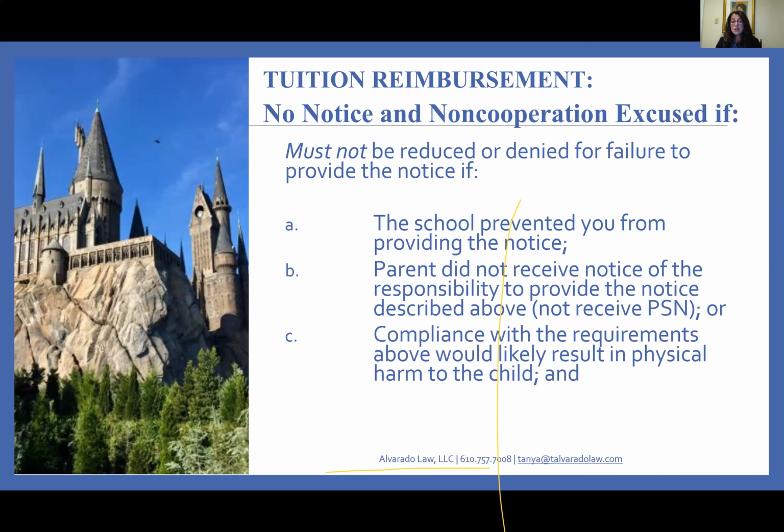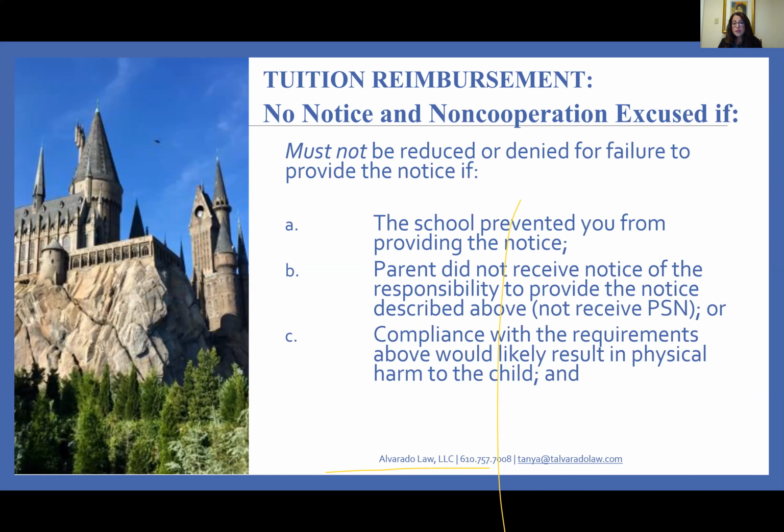The best example I could think of is, some school districts changed emails without notifying anyone, and the old email doesn't tell you that there's a new email, and the parent sends the written notice to the wrong email, and the district says, we never got it. In that situation, you can say, well, I was prevented from being able to provide appropriate notice because no one told me that the email had changed.